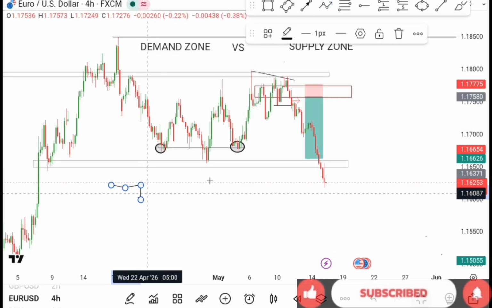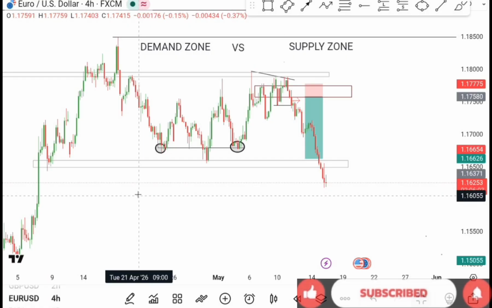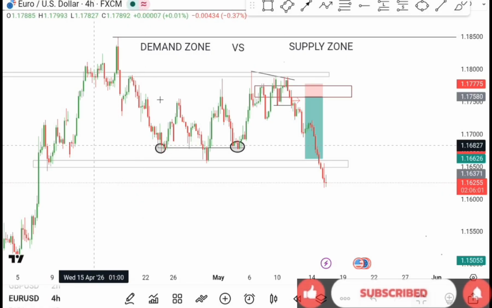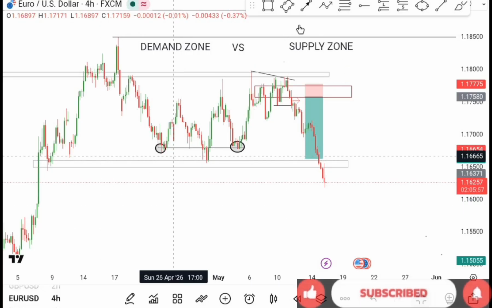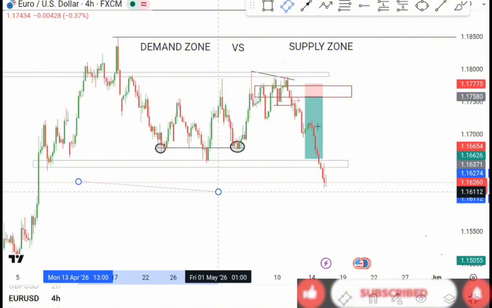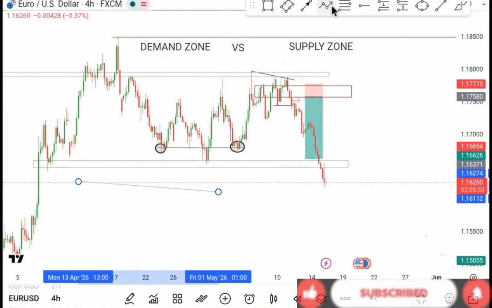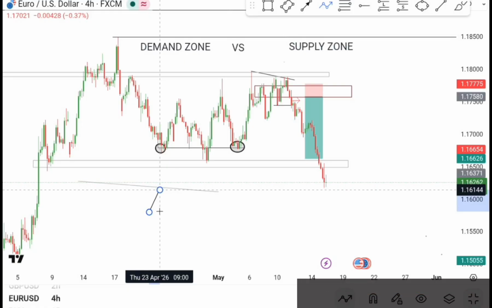Always check your higher time frame first. If you see a zone on the 4 hour time frame that aligns with one on the daily time frame, that is a premium setup. That is a very, very premium setup. The more time frames that agree, the stronger the zone.